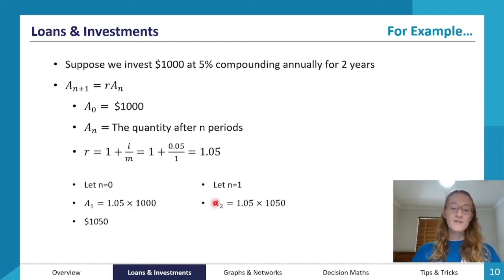So the amount after 2 years is the amount at the end of 1 year multiplied by the same factor, because it's growing by that same amount. And that'll give us $1,102.50. And you'll notice that here we made $50, but here we actually made $52.50.